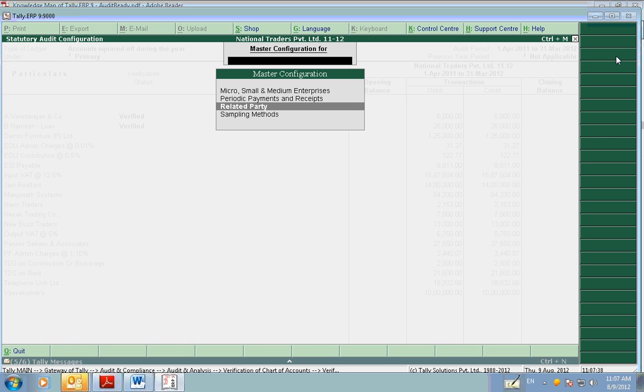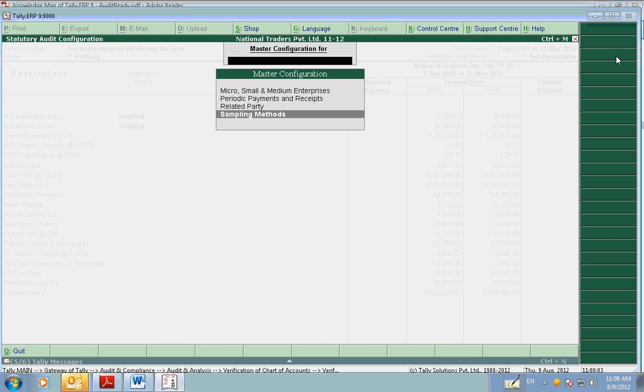And here we have the other option called sampling methods. As I was saying, I have an entire 5 lakh transactions. It is not possible to sit and check each and every entry or the entire transactions and see that the data is correct and ready for audit, right? So we can always have a sampling method.